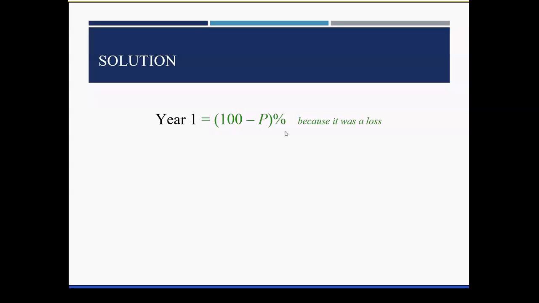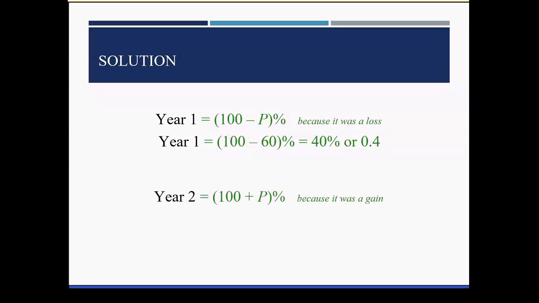I used 100 minus 60, in other words. 100 minus 60 is 40%, and then I converted to decimal form. Then I'm going to put that aside and do the other year. Year 2 was a gain of 75%, so I used the plus, and it's going to be 100 plus 75, which is 175%, and in decimal form, that's 1.75.